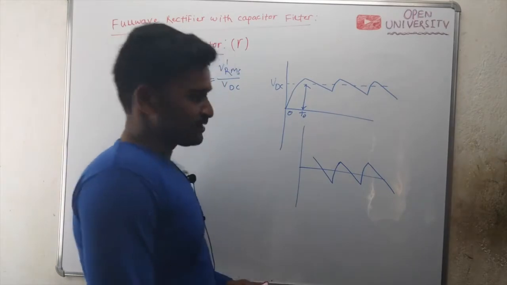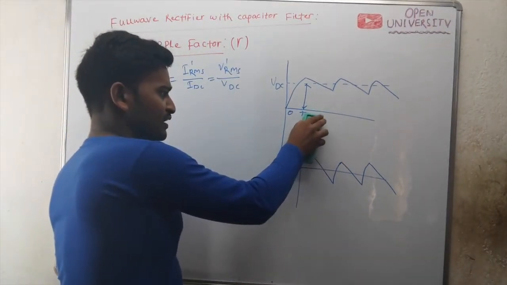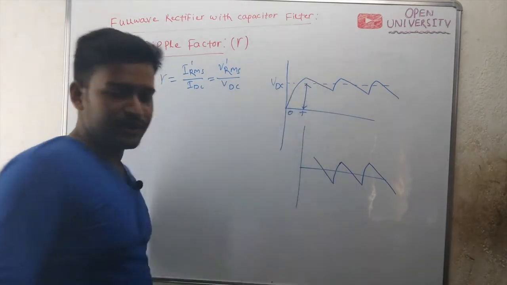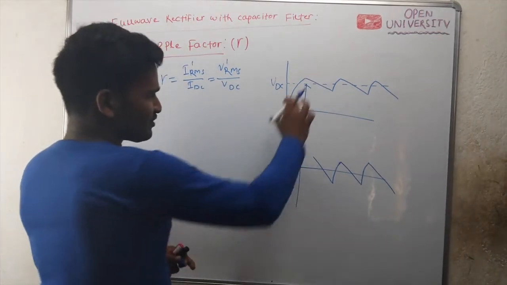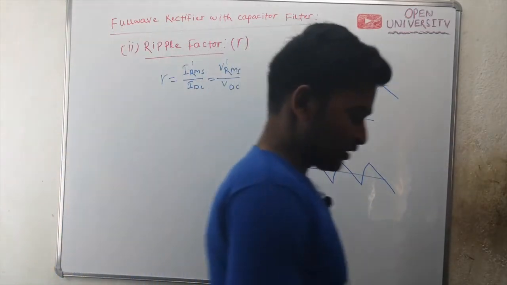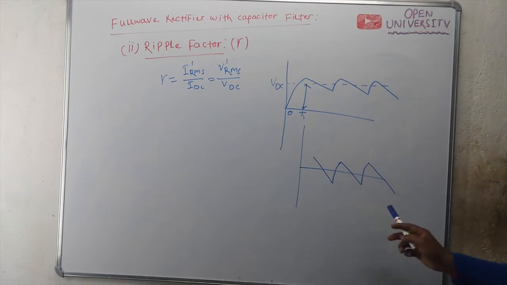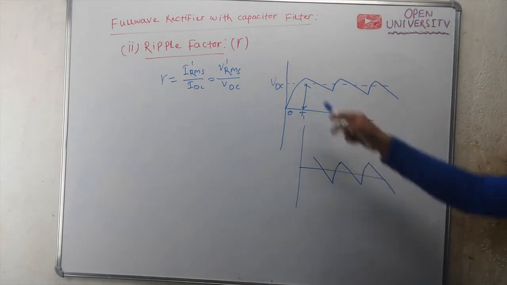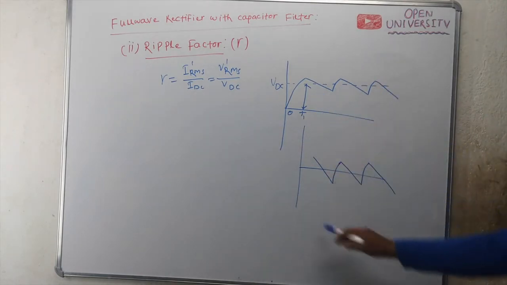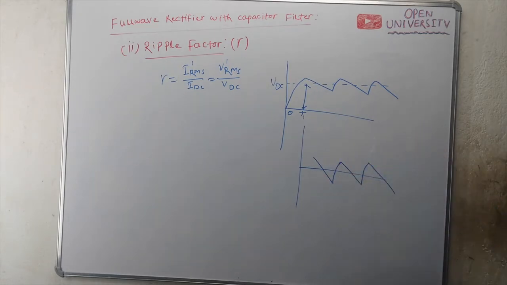My analysis is only after T1. I'm just neglecting it because this is a very small interval; this response occurs for a very small interval, so I am neglecting this part. So this is the output waveform. If I remove the DC component, this is the AC component waveform, which is approximately a triangular waveform.